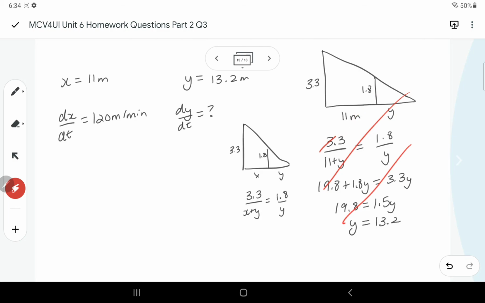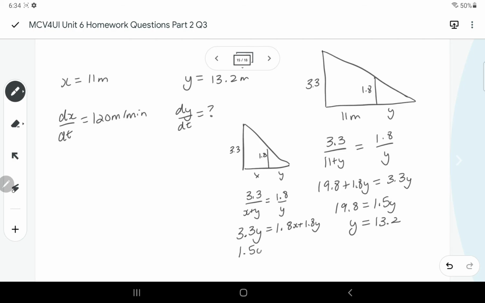So this is one of those ones where you don't always need to find all of the variables. So what I'm going to do here is just cross multiply this and clean it up a little bit before I take the derivative. So 3.3y equals 1.8x plus 1.8y. Bringing the y's both to one side, we get 1.5y equals 1.8x, which is way simpler and is not going to need either of these.